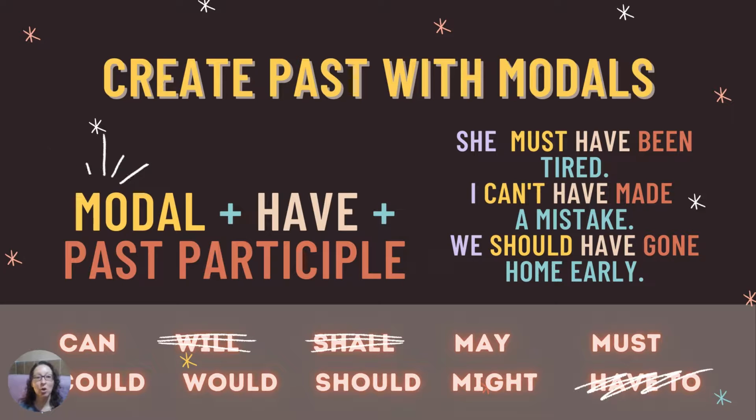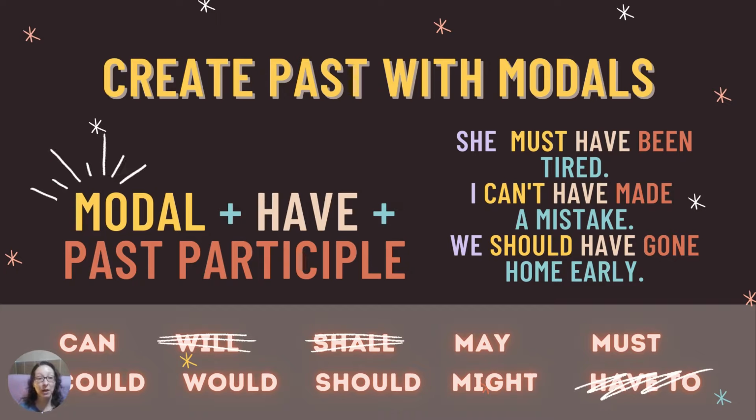I have to say that could can actually replace can in the past. So I could sing well when I was young. We should have gone home early. We're talking about last night here. I can't have made a mistake. I couldn't have made a mistake. It's the same thing here.